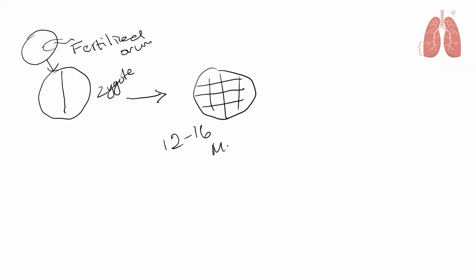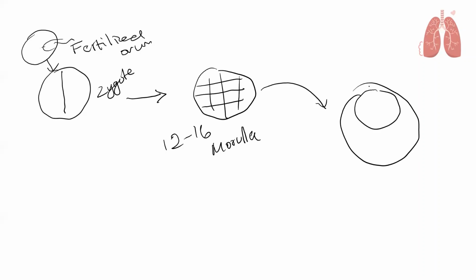This is called the morula. As it enters the uterine cavity, it develops 2 cell masses and a cavity. This is called the blastocyst.